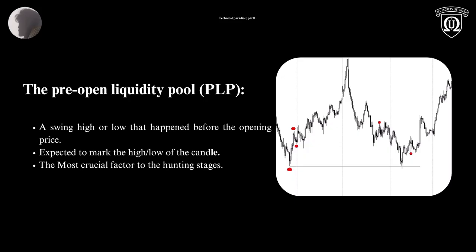You can dissect them even further into an infinite loop of pre-open liquidity pools being turtle souped and then traded away from. Right? So again, in very simple terms, the pre-open liquidity pool is a part of the sequence of opening time.